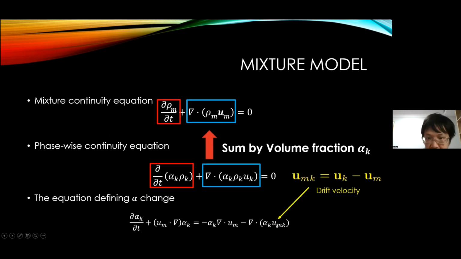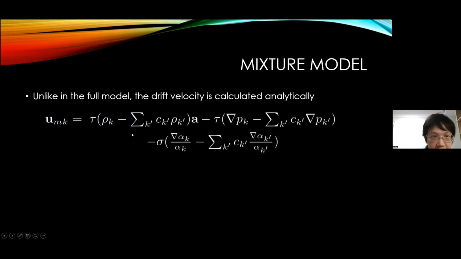Among them, this drift velocity can be analytically solved. This may look quite complicated, but each of the terms in it can be calculated analytically, such as the phase k density, which we can assume is constant, and the phase k pressure, which we can compute from the particle pressures in the SPH, and these are the volume fractions and mass fractions.